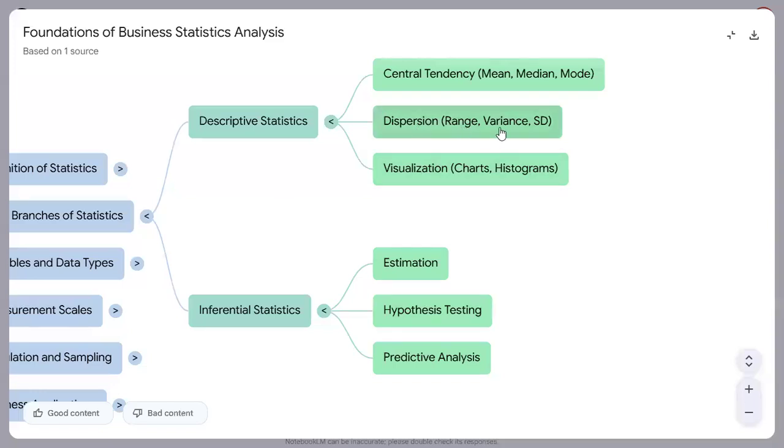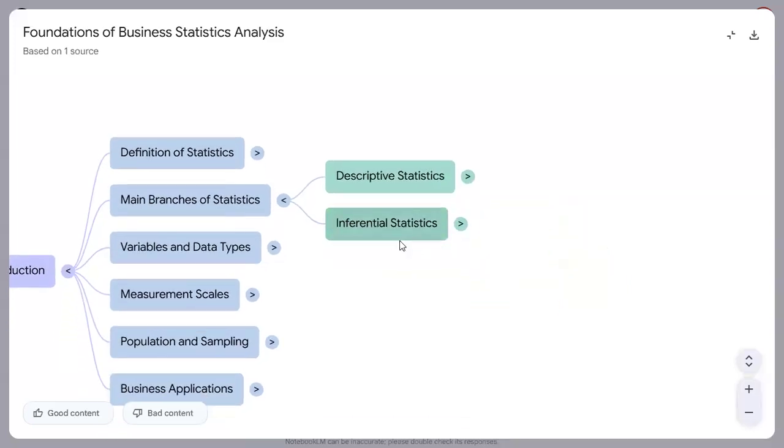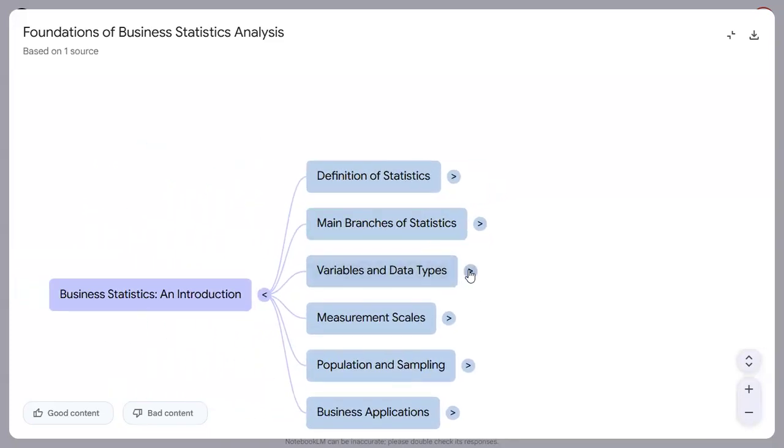It may include range, variance, standard deviation, and data visualization using charts and histograms. In inferential statistics, we may talk about estimation, hypothesis testing, and predictive analysis. You may not be familiar with the terms till now, but by the end of the session today, you may get some basic idea regarding these two.